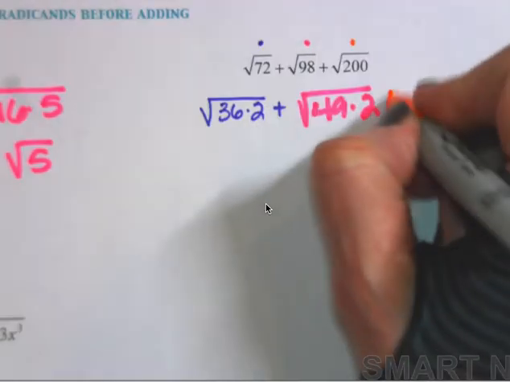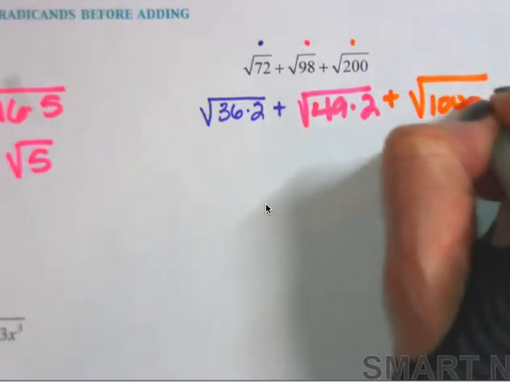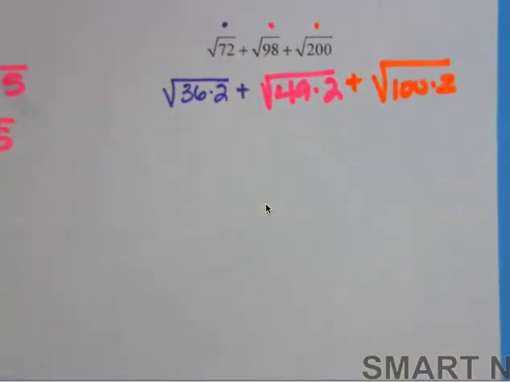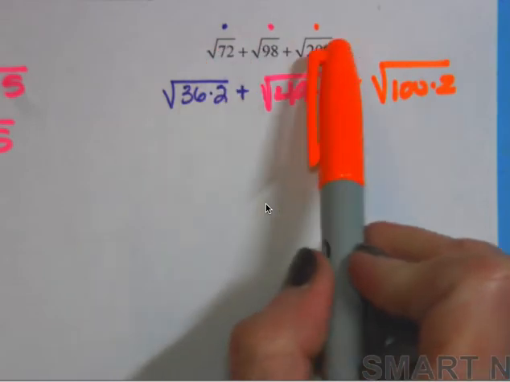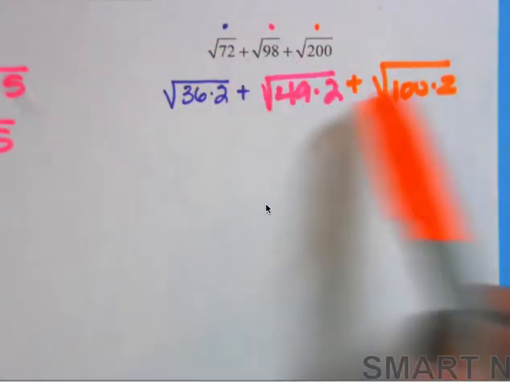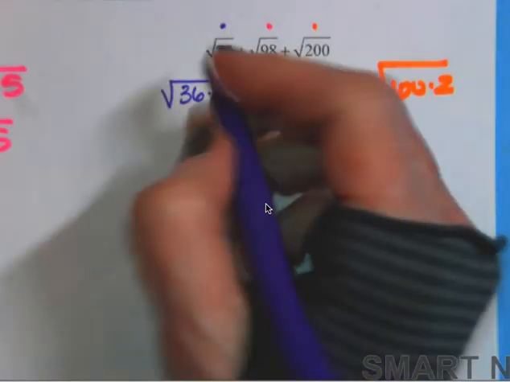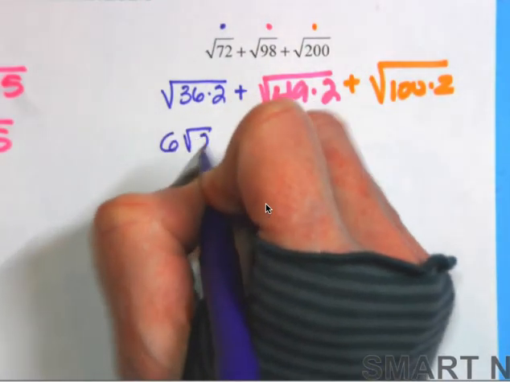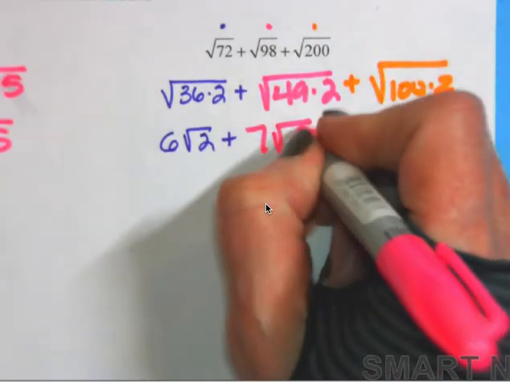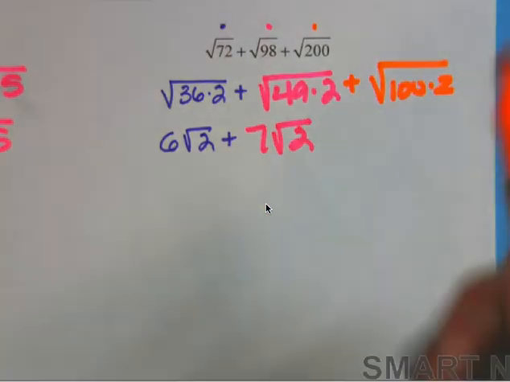So here I'm going to have 100 times 2, so simplifying, or breaking all of these down. I can't consider adding them together until I simplify each of the 3 expressions. And so now I'm going to have 6 radical 2 and 7 radical 2 and then 10 radical 2.